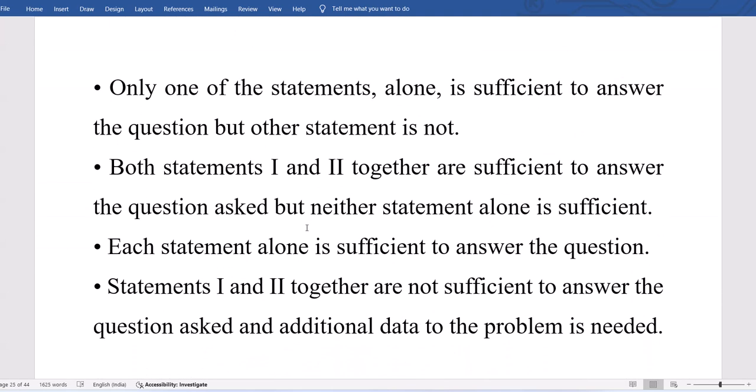So the option only two alone is not there, but I can go with option first. Only one of the statements alone is sufficient, but the other statement alone is not sufficient. Let us complete that sentence.